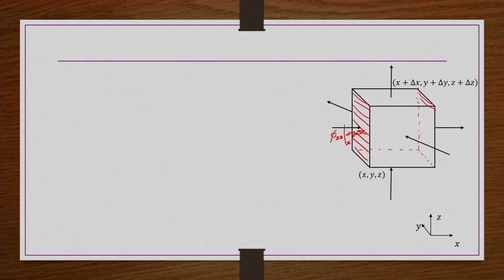Similarly, the same x momentum leaving in x direction at location x plus delta x is phi xx at x plus delta x multiplied by the area of the phase through which it is leaving, that is delta y delta z.